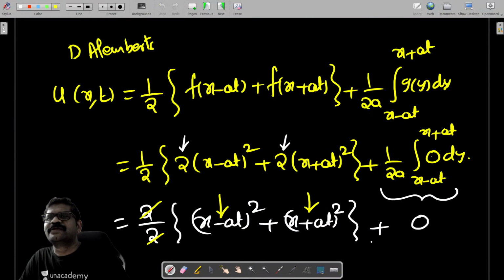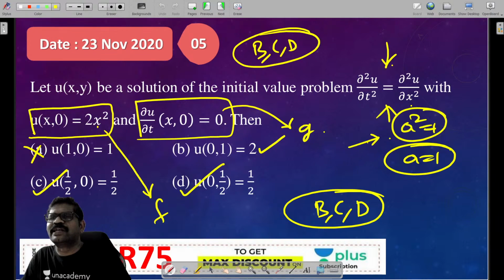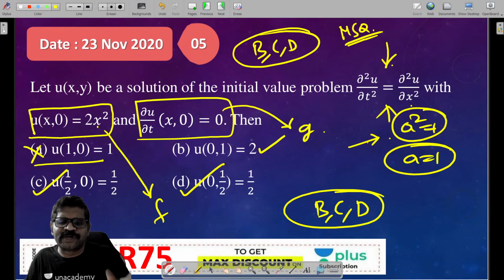Understood? So here we got 2, but in the first option they have provided 1. That's why only the first option is false. The remaining 3 options are true. It is MSQ. That's why B, C, D are found correct.